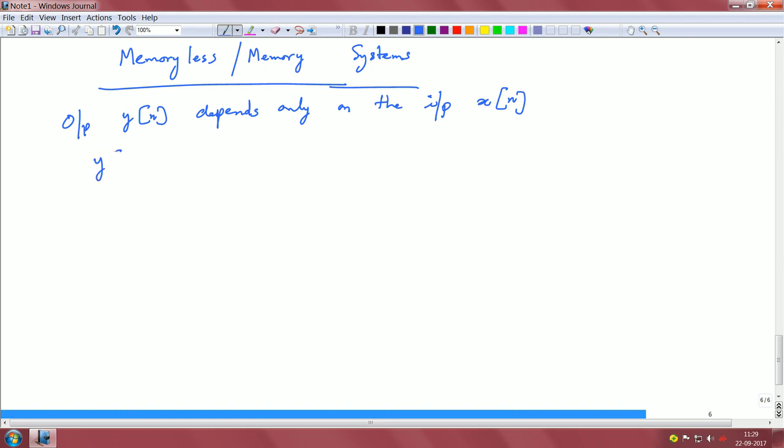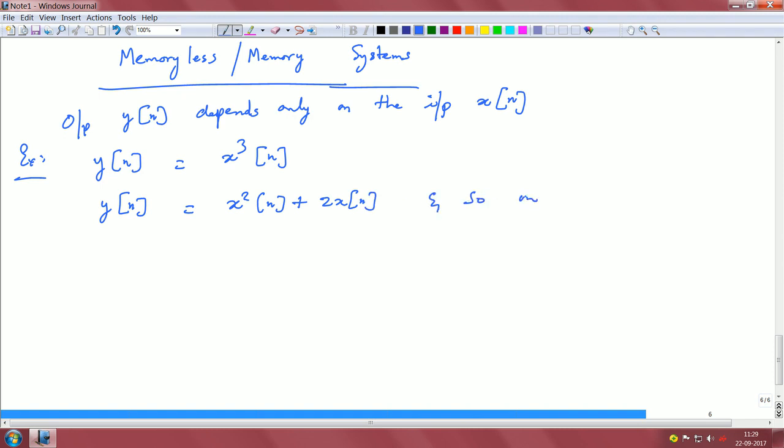A good example is y of n is x cube of n, or y of n is some x square of n plus 2x of n and so on, right, because the output y of n is depending only on some function of x of n.